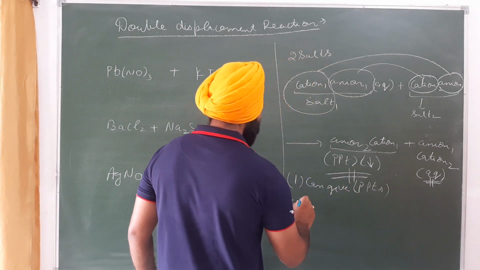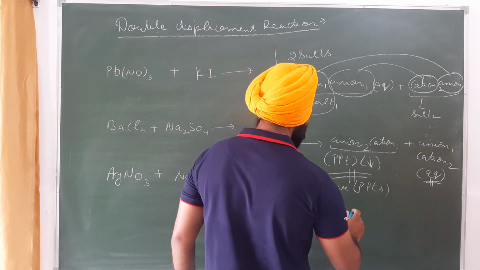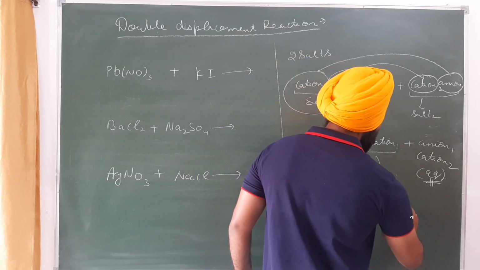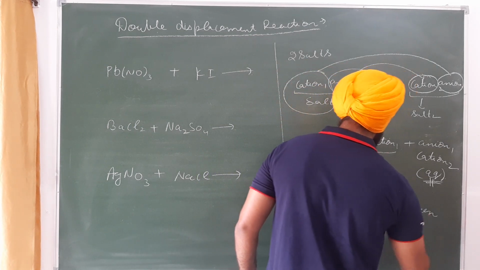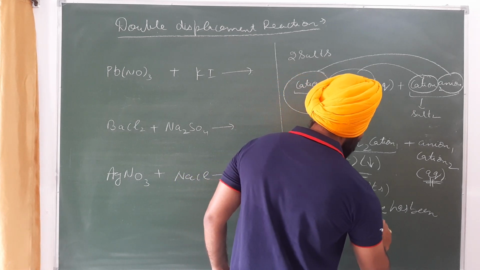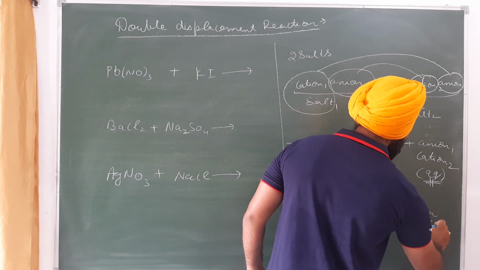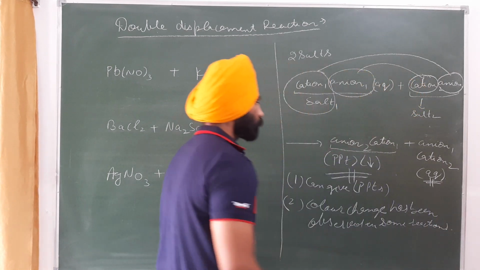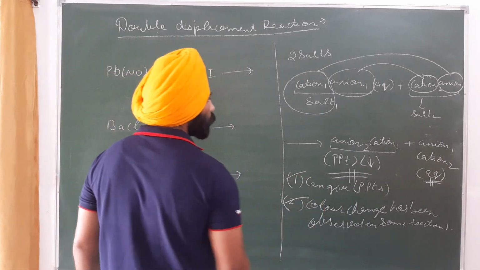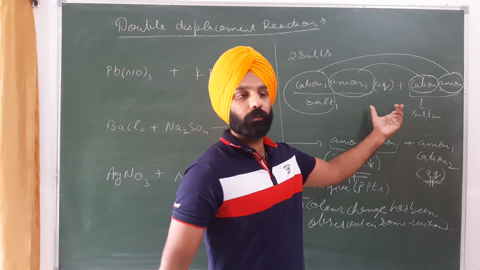Second thing, a color change has been observed in some reactions. So these are the two characteristics of double displacement reaction, and this is the mechanism of how a double displacement reaction occurs.